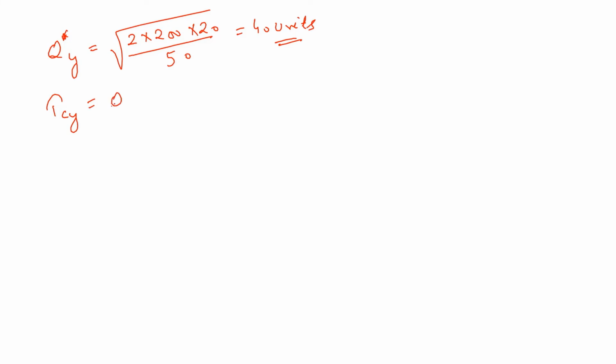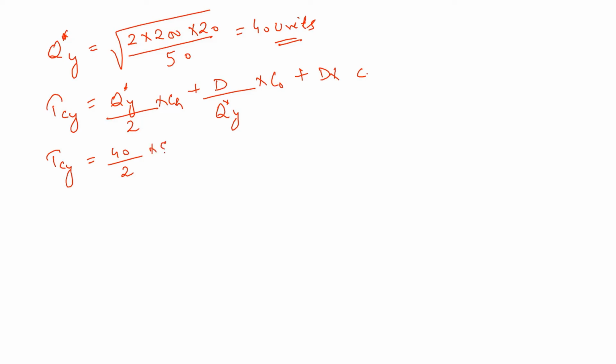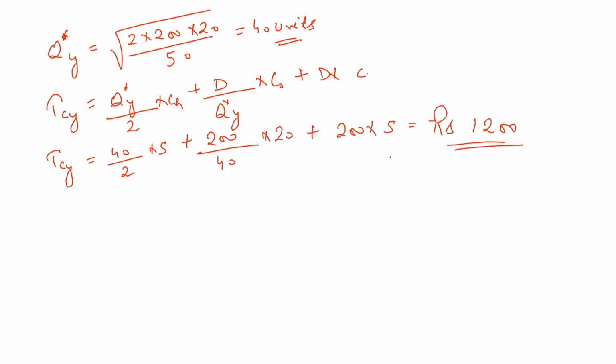The total cost becomes Q star Y by 2 into CH plus D by Q star Y into C naught plus D into C. So the total cost would be 40 by 2 into 5, plus 200 by 40 into 20, plus 200 into 5, which becomes rupees 1200, right?